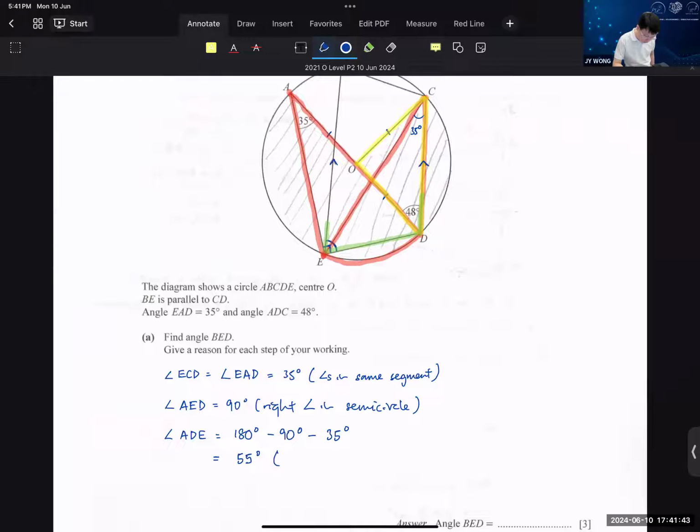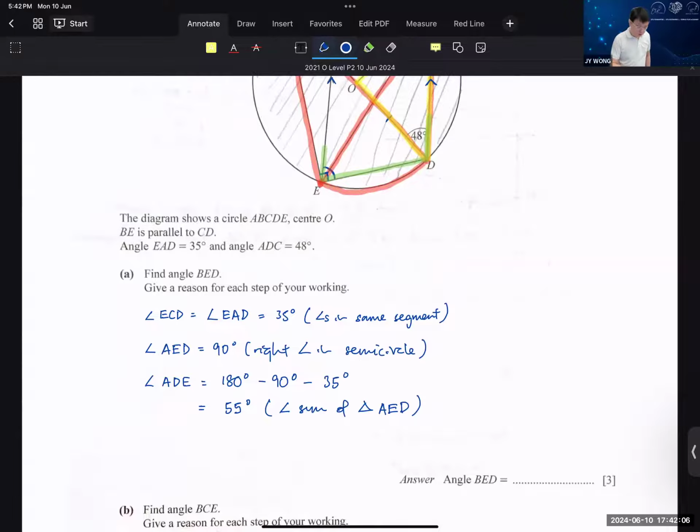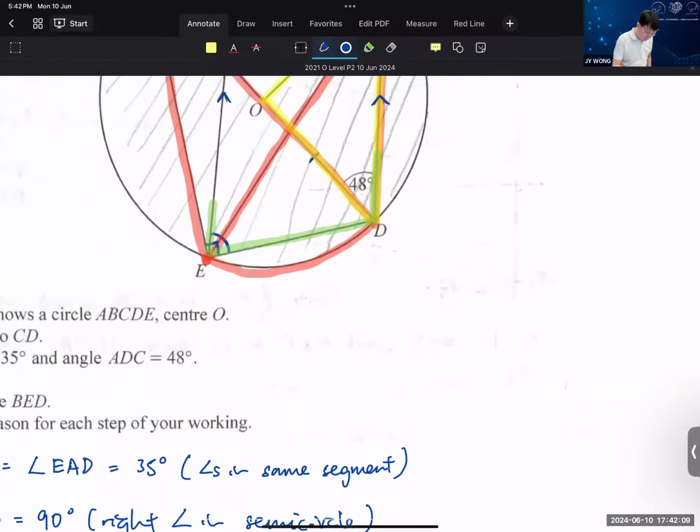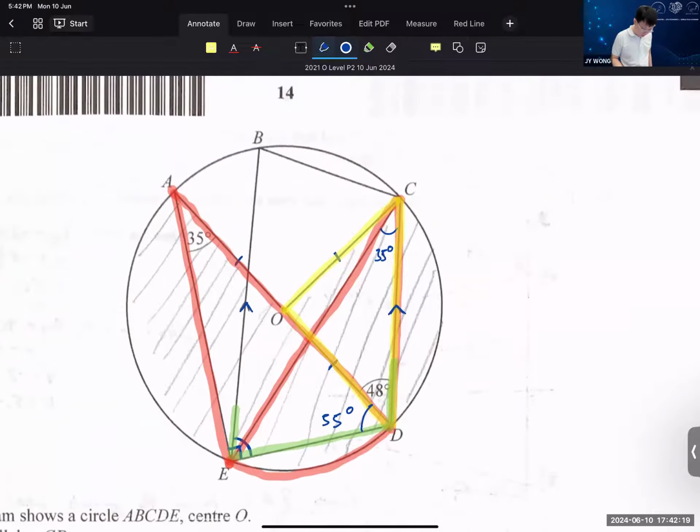This is your angle sum of triangle AED. It's not necessary to label the triangle, but I just like to label the triangle. And if you find that this is 55 degrees, write it in.